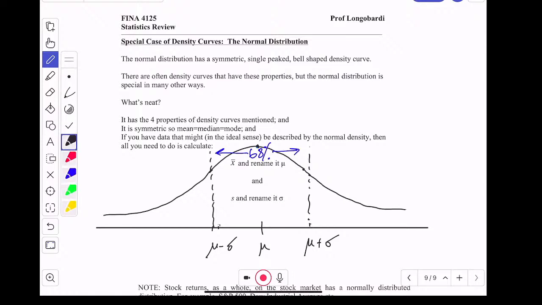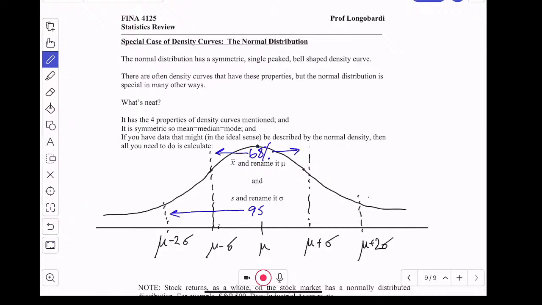Also, at 2 standard deviations both ways, with equal intervals, you have 95% of the data. So not all of it, close to all of it, but not all of it. It's 95%.